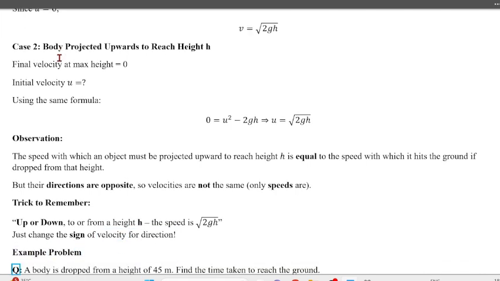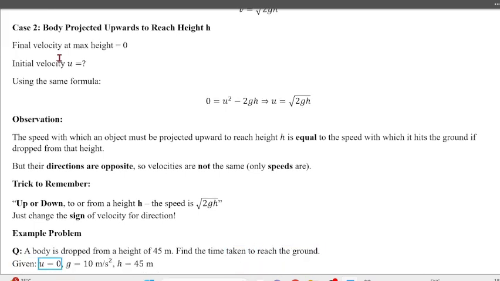Example problem: a body is dropped from a height of 45 m. Find the time taken to reach the ground. Given: u equals 0, g equals 10 m/s squared, h equals 45 m.